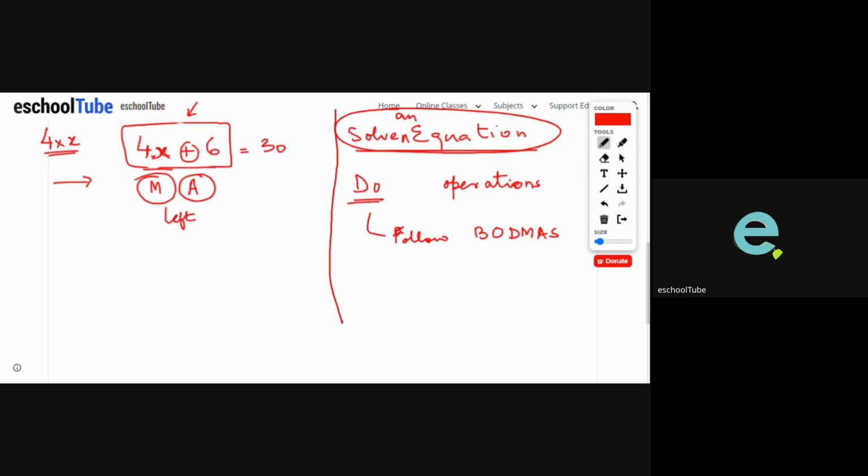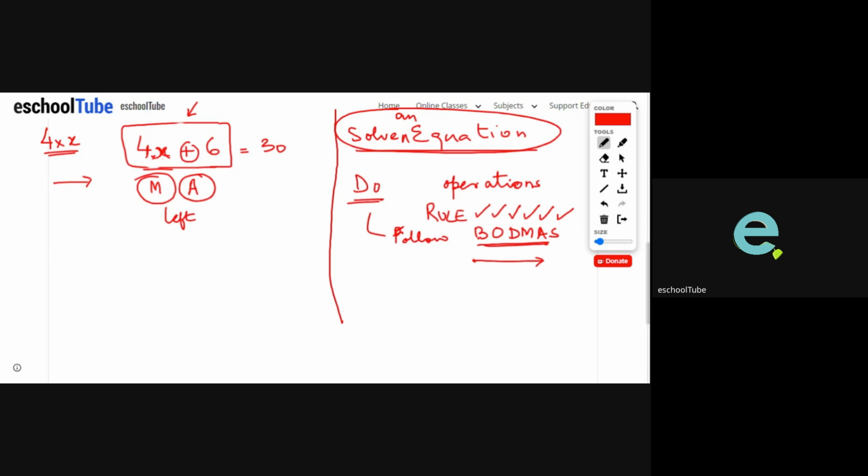These are different operations and you have to follow this rule. Rule means first you do bracket, then order. Order means exponent or power. Then you do division, multiplication, addition, and subtraction. You go from left to right.